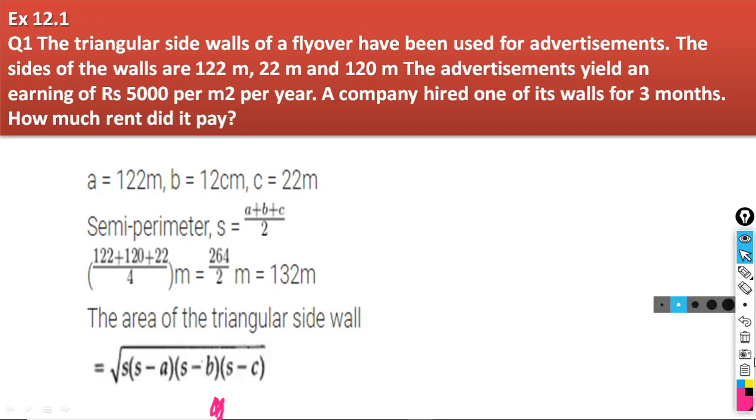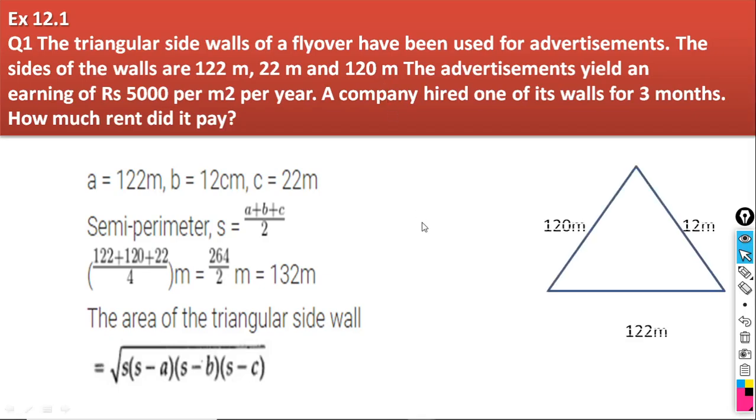This is another problem. In this problem, you have to find area of a triangle whose sides are 122, 22 and 120 meter. And then advertisement yield an earning of rupees 5000 per meter square per year. And a company hired one of its wall for 3 months. How much rent did it pay?